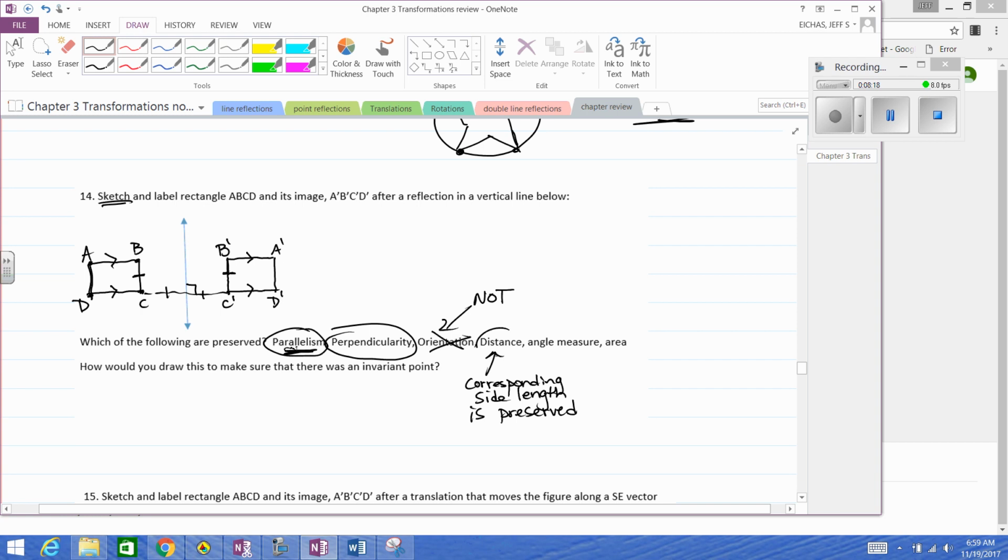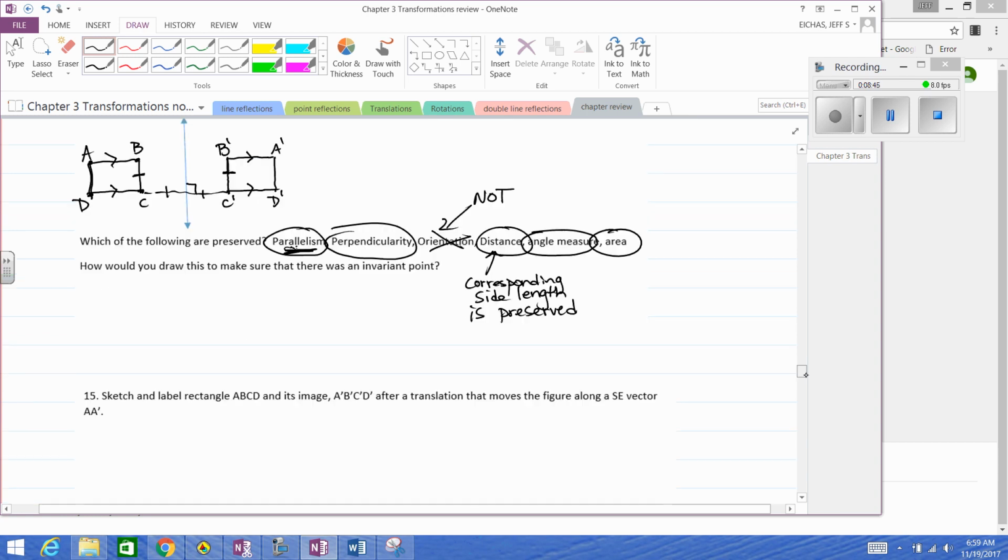Distance the points moved is not preserved. So that could be an indication between a translation versus anything else. But let's just say they mean corresponding side length. Angle measure is always preserved in everything we do, again, except possibly a stretch. Area is always going to be preserved until we go for dilation. So those are some good ones there.